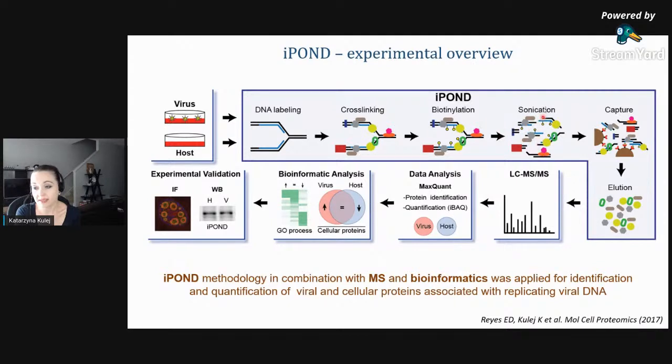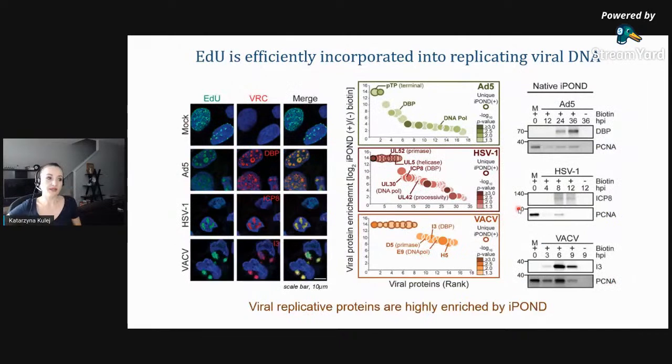We sonicate chromatin into smaller sizes, and then we use the streptavidin pull-down to capture all of the protein-DNA complexes. We use SDS and boiling to elute proteins from the beads, and of course we send everything for MS analysis.